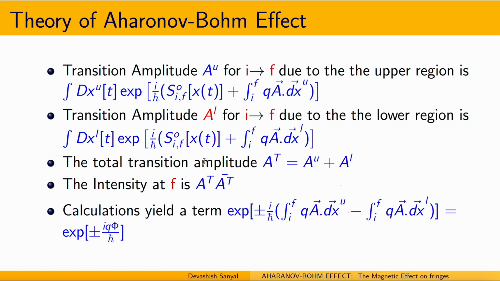So let's see what happens. In the Aharonov Bohm effect, the electron comes, and there is a region which contains magnetic field, and then there is a recorder or a screen. Aharonov Bohm effect is actually about a single electron.